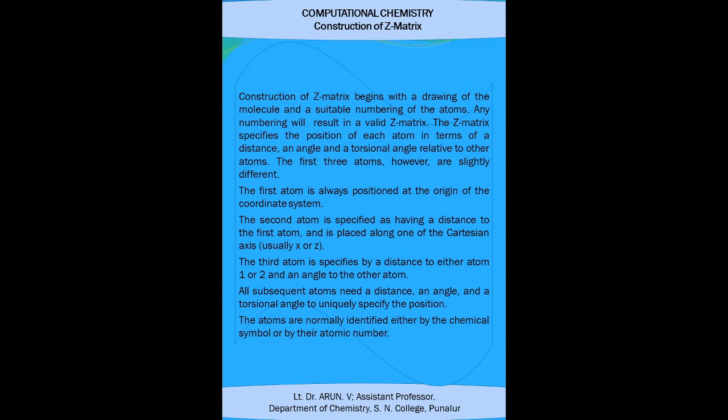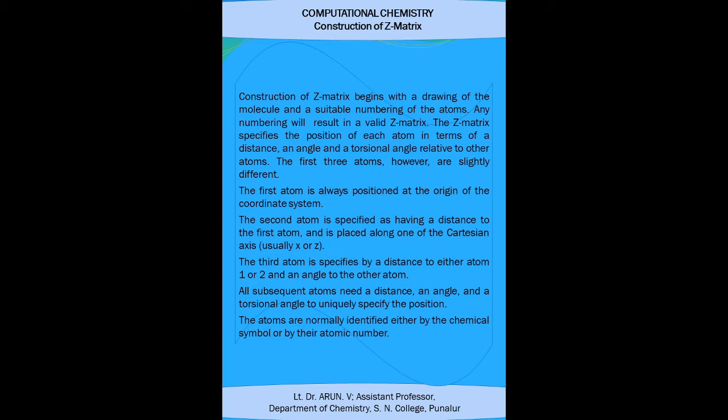The Z matrix specifies the position of each atom in terms of a distance, an angle, and a torsional angle relative to the other atoms. The first atom is always positioned at the origin of the coordinate system. The second atom is specified as having a distance to the first atom and is placed along the Cartesian coordinate axis, usually the z-axis or x-axis.